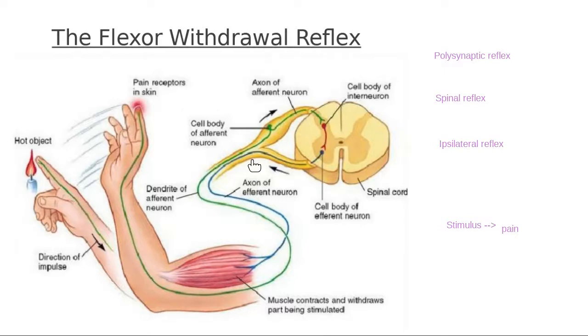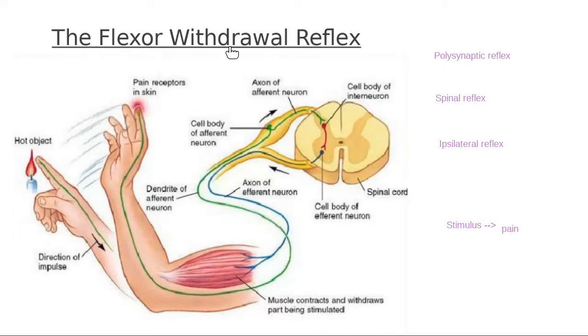We need to make movement happen so we're not in pain anymore. So the stimulus for the flexor withdrawal reflex is pain. The reason you use your flexor muscles to pull away your finger is because you're in pain, because it hurts.